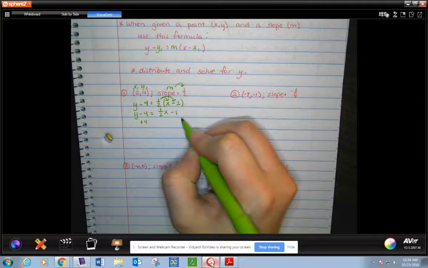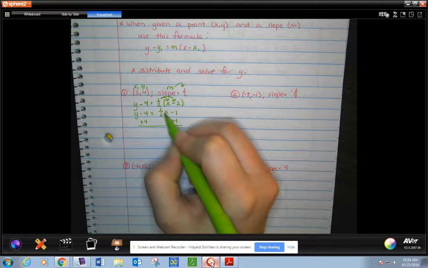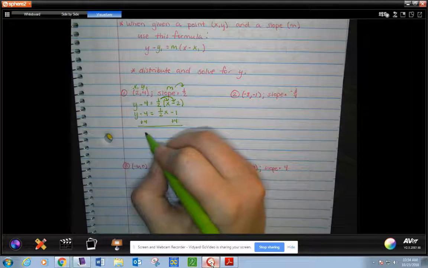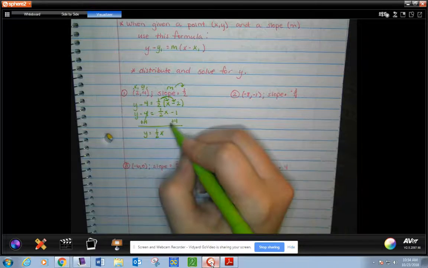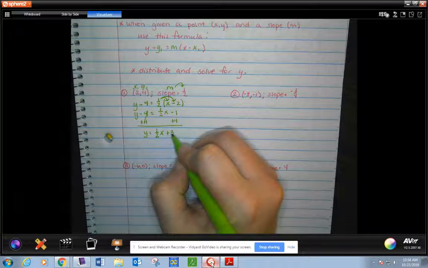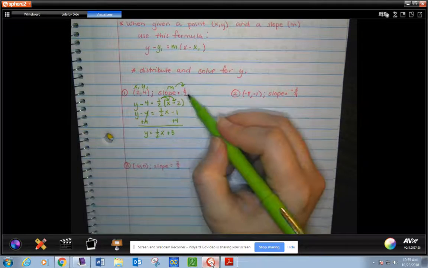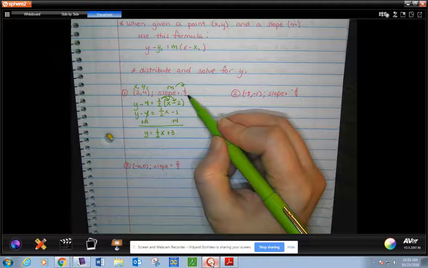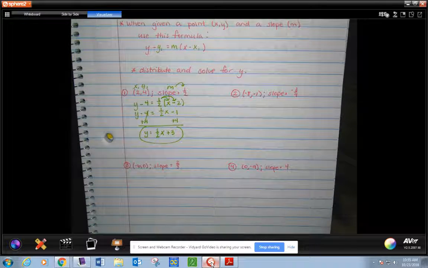When you add the 4 to the other side, make sure you're adding it to that constant number over there. Don't add it to the variable. So it cancels here and you get y equals 1/2 x, which stays the same, and -1 plus 4 is 3. Just a real quick check: make sure that your slope is 1/2, like what the problem said it's going to be. This is your final answer, and you're ready for the next problem.